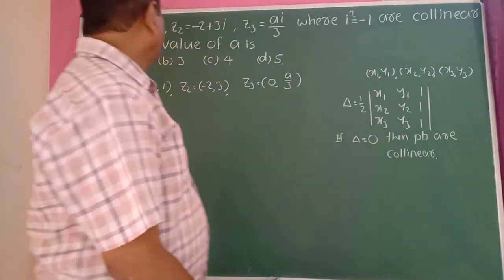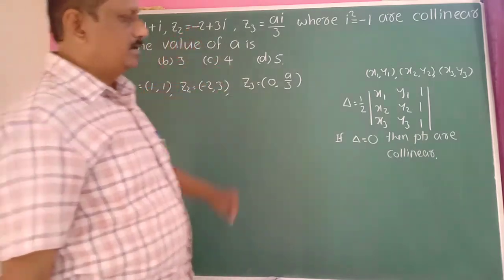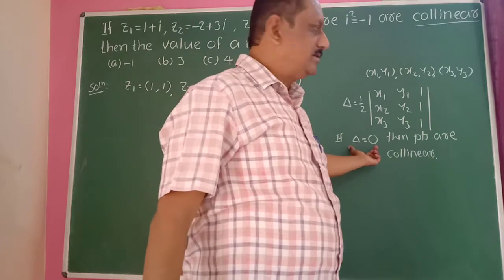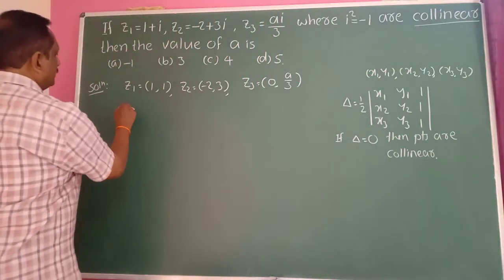Therefore here they have already given that the points are collinear. So points are collinear means obviously delta is 0 here.